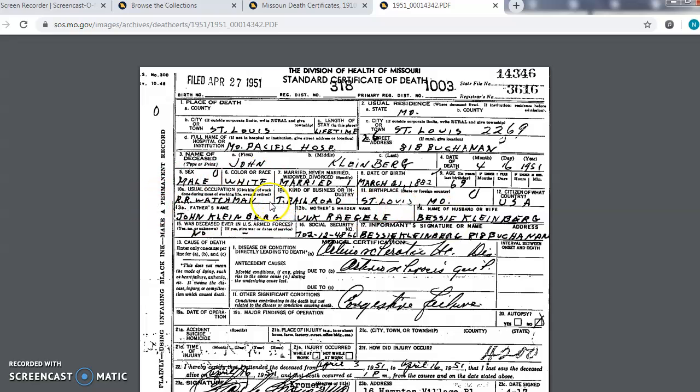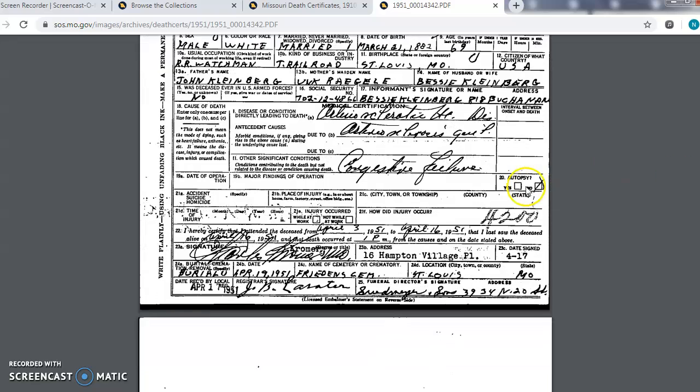You can even find out what occupation they had, where they worked, where they last resided, and then important medical information, what they passed away with, so that you can fill in medical information of your family history.